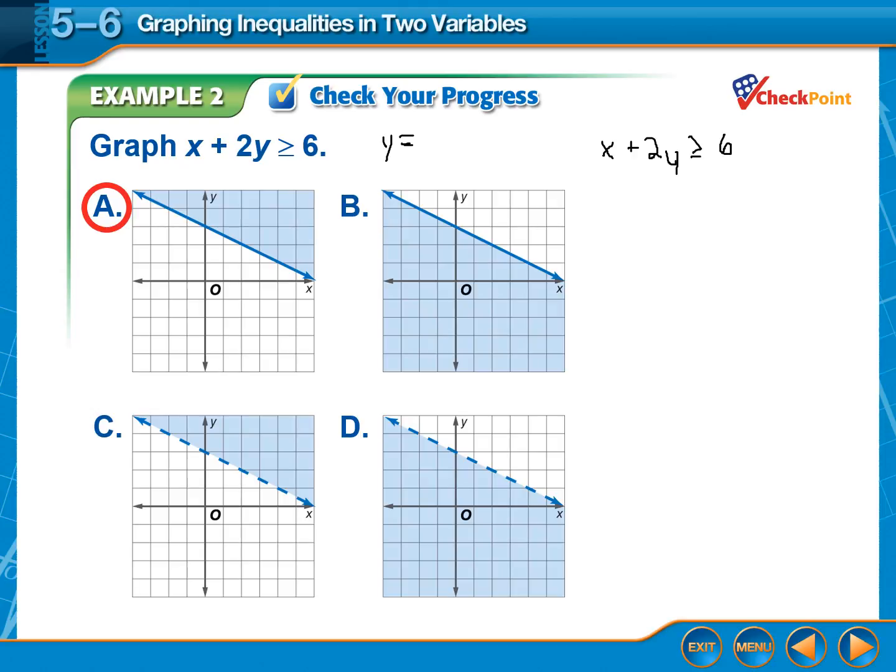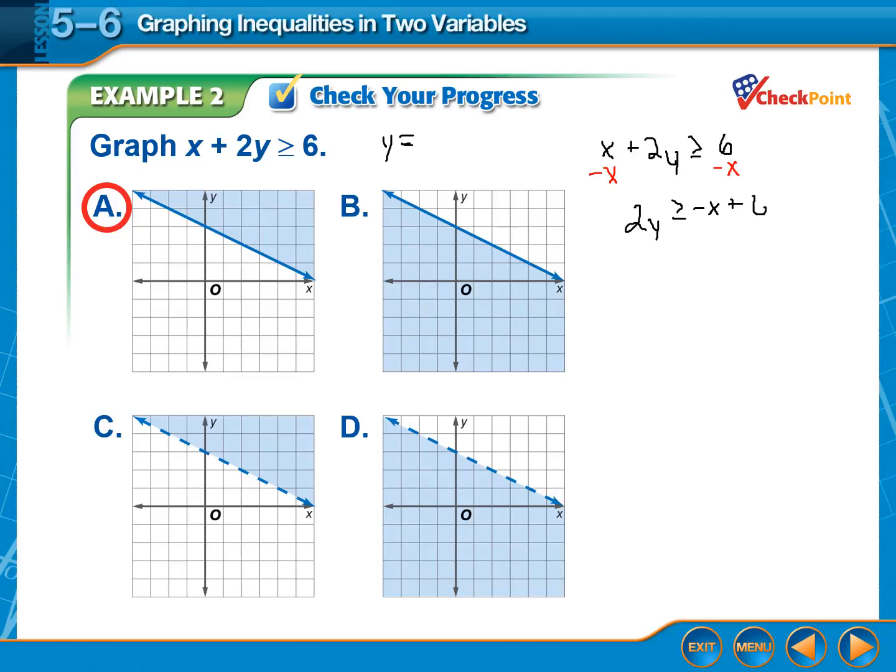So I'm going to take x and I'm going to subtract it from both sides. Take the x away. Right, so that's going to leave me with 2y is greater than or equal to negative x plus 6.